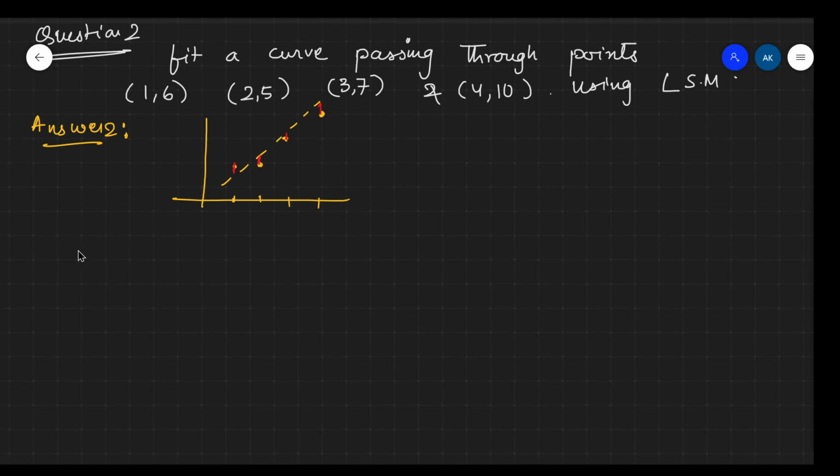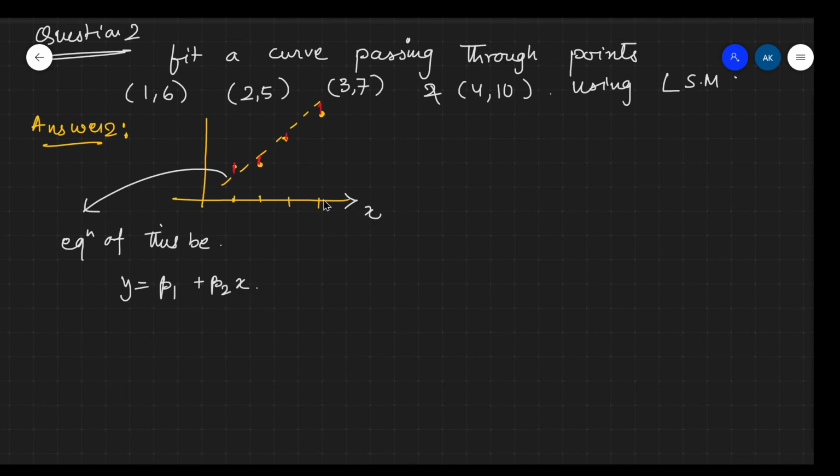Okay, so let us assume the equation of this to be, you can take any straight line equation, it's not a problem. Let us take it to be y is equal to beta 1 plus beta 2 x.